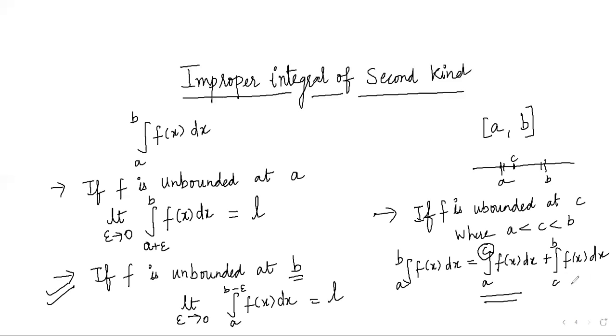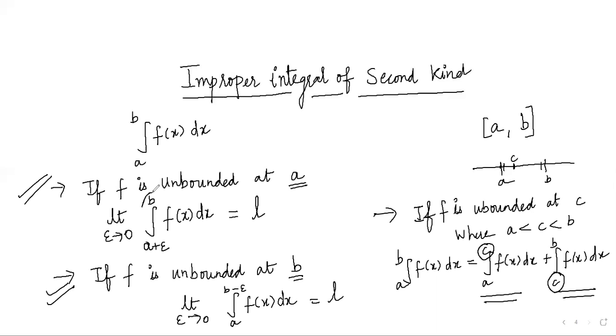Now, if I talk about the second integral, here the limits are from c to b and the function f is unbounded at the point c. If I compare it with these two cases, it is the first case where the function was unbounded at a. So for this second integral, we will be using this first approach.